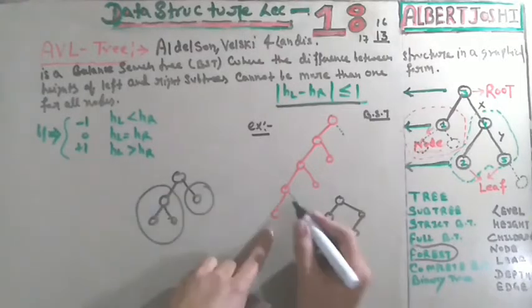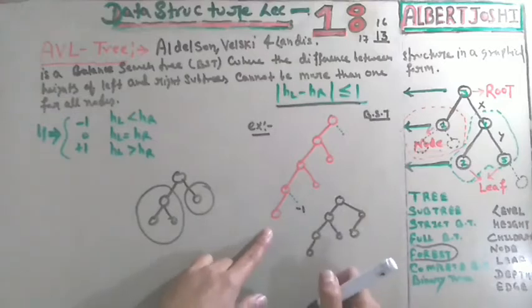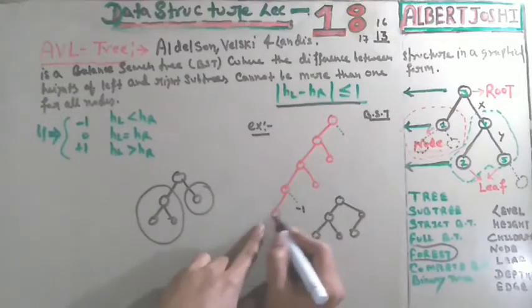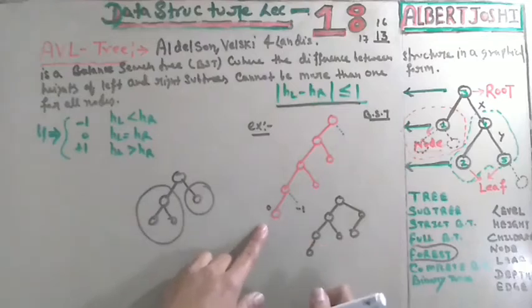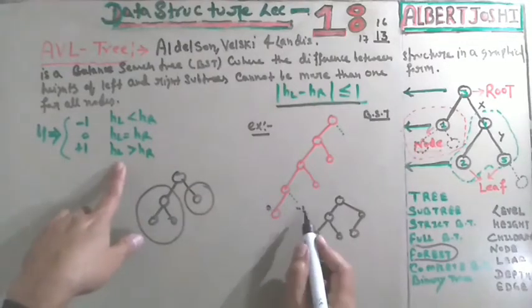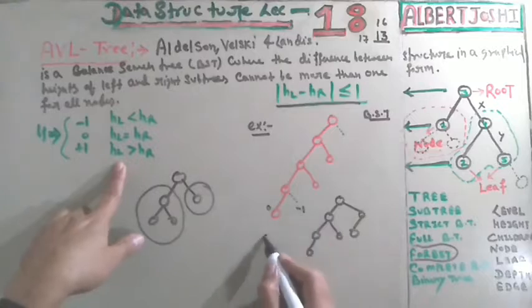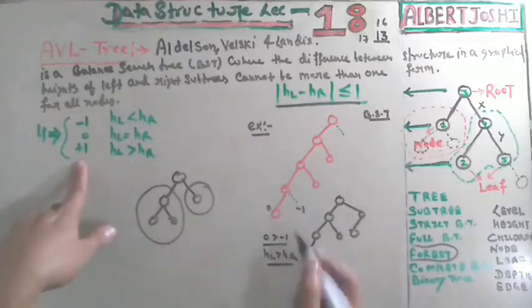If no node is given, in this condition you take -1, the first condition. Now for a leaf node, its value is equal to 0. You know that 0 is greater than -1, which means HL is greater than HR. In this condition it is +1.